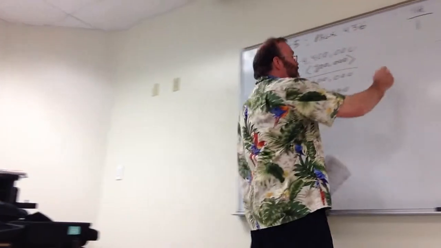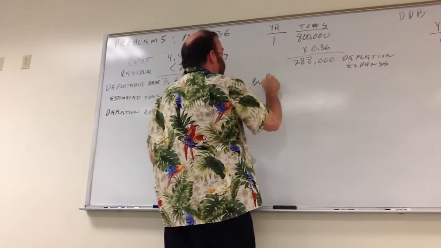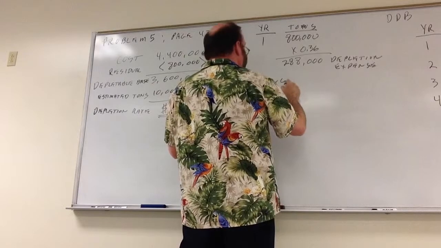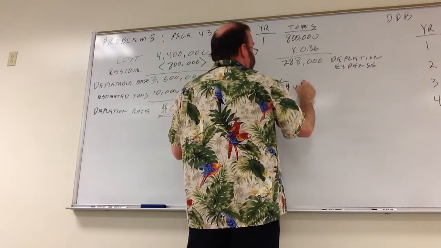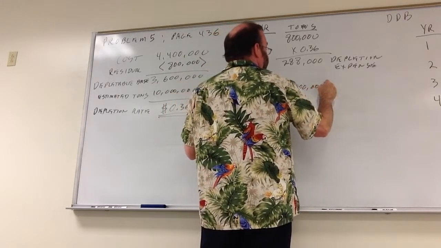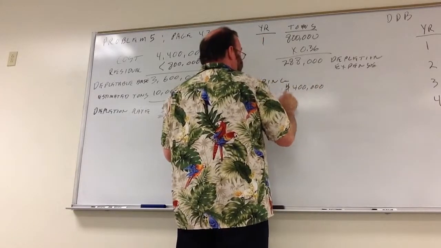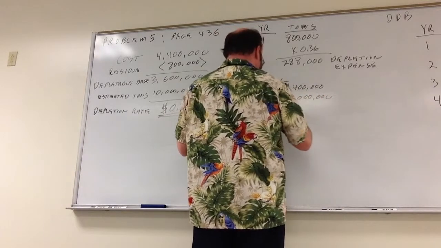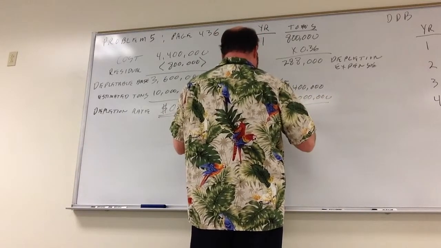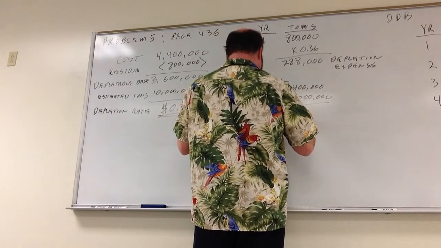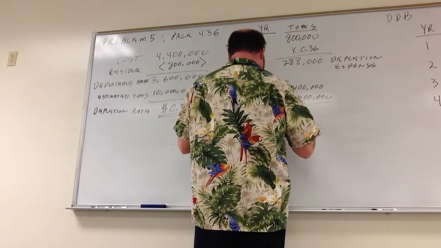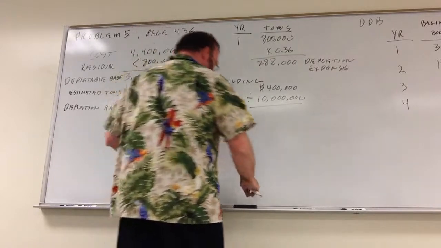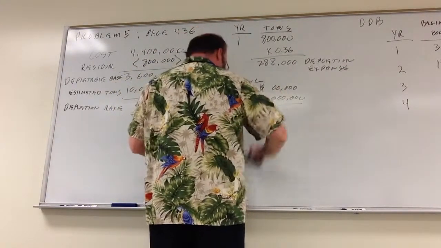If we took the building of 400,000 and divided it by the 10 million tons of ore, we would get... I'm sorry, the building was 800,000, not 400,000.